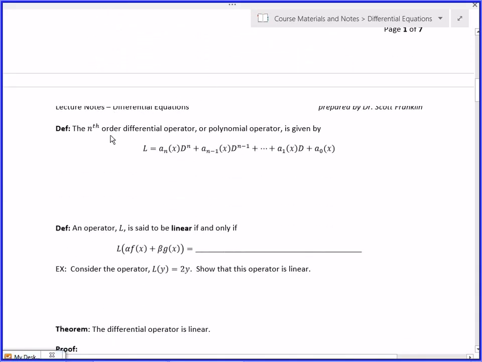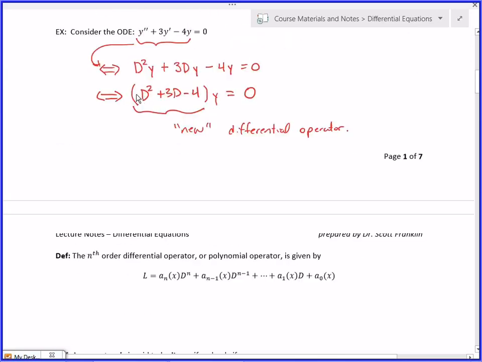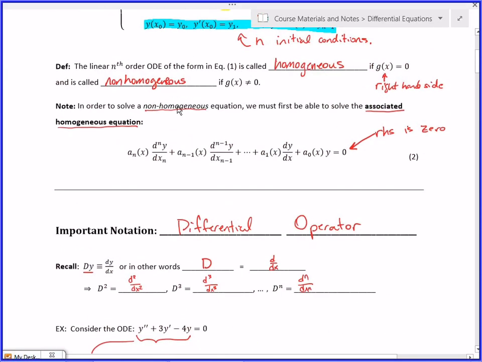Okay, so the nth order differential operator is one that can be written in this particular form. Notice basically all I've done is the same idea of what I did on the example at the bottom of page 1, but I did it up here to equation number 2. I replaced all the derivatives of y with now capital D to the n y, capital D to the n minus 1 y, and then factor out the y.